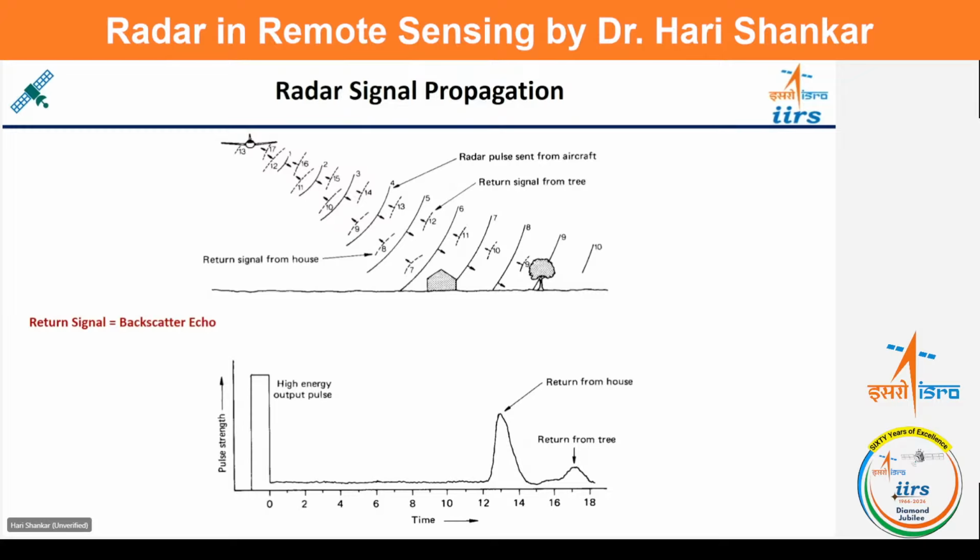So basically the roughness is in relation with the wavelength which we are going to use. So you can say one surface may be rough for a smaller wavelength, but smooth for a longer wavelength. So just keep in mind, this varies, and this depends on which type of radar signal you are going to use.